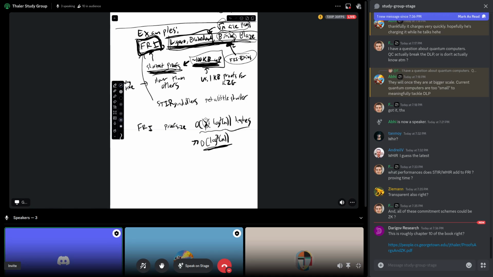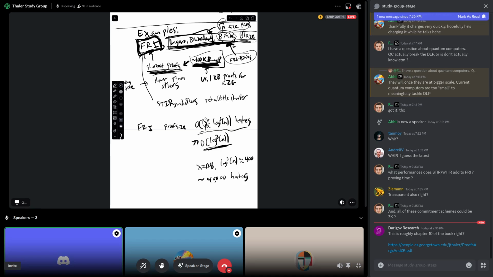To conceptualize this, think of lambda as 128, and I tend to think of n as often like 2^20, so log squared of that is like 400. There are some constant factors that can help here, but you're generally dealing with something like 40,000 hashes, up to some constant factors.